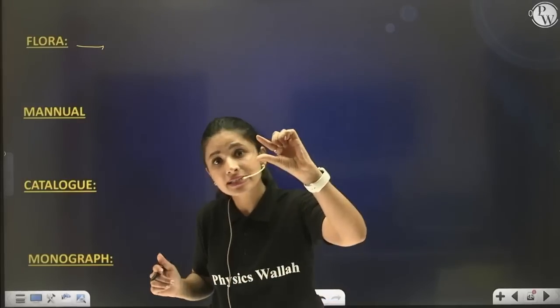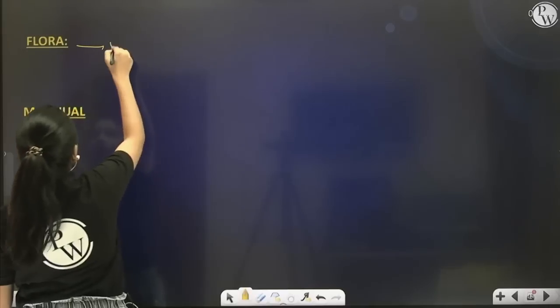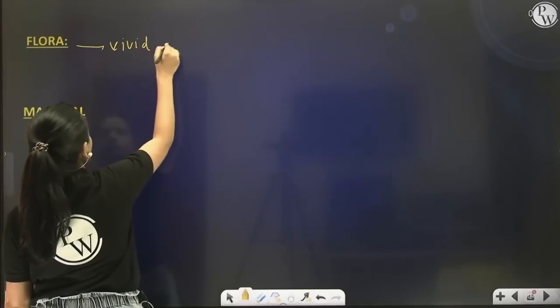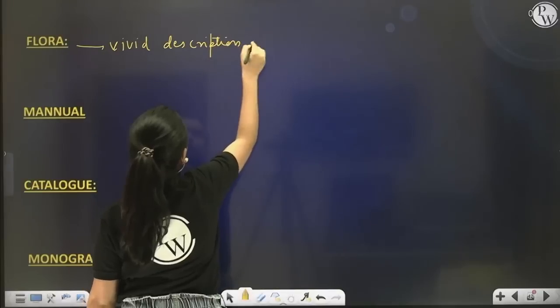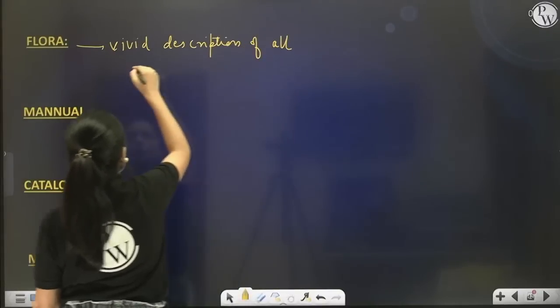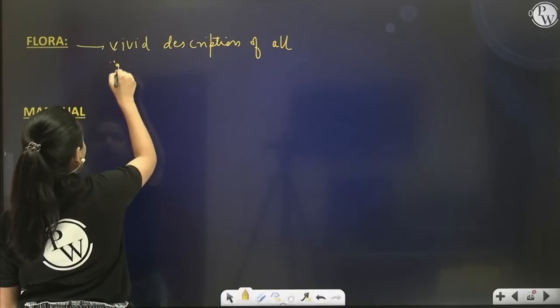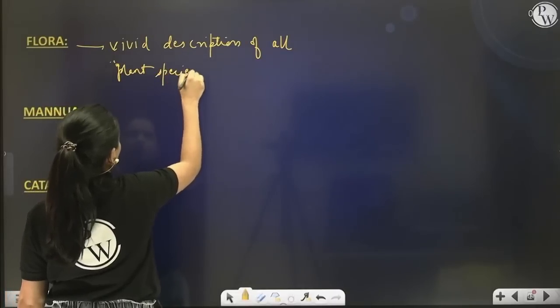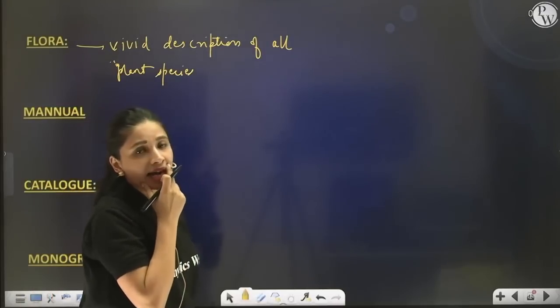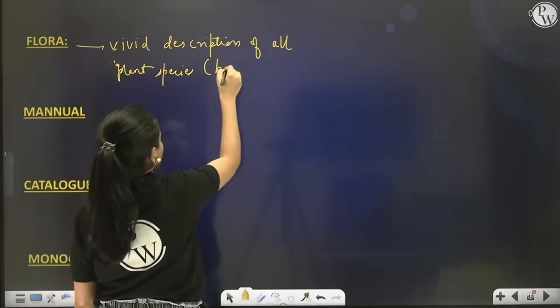So flora is a book which gives a vivid description of all plant species found in a given area, like their habitat and distribution.